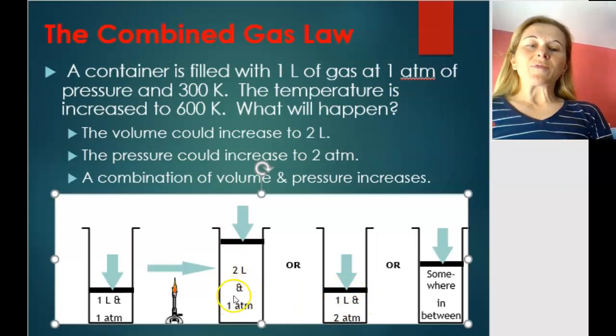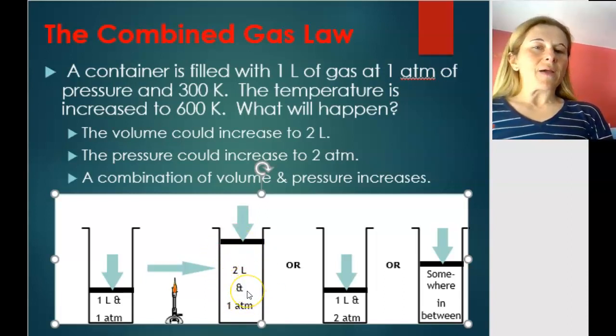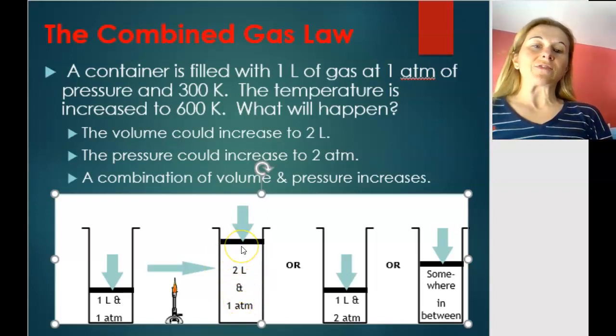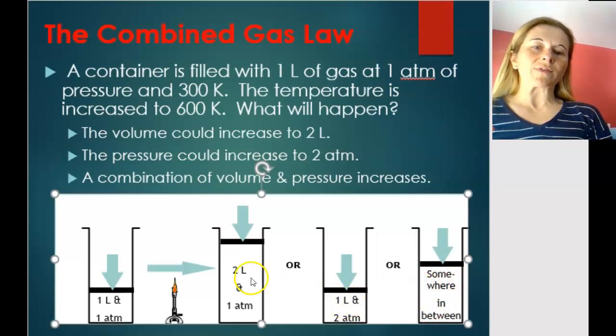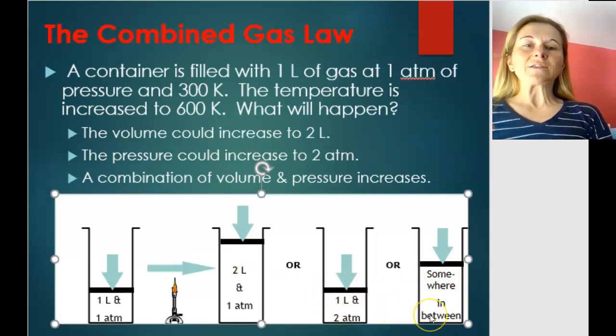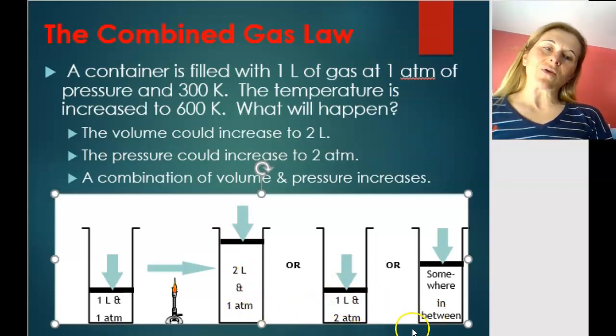Or we can keep the pressure the same and make the space bigger so that those molecules have more room for that energy to bounce around in there. And so the pressure isn't going to increase, but we see the volume increases. We can also have a combination of somewhere in the middle. We can have the volume increase somewhere between 1 liter and 2 liter, and the pressure would increase somewhere between 1 atmosphere and 2 atmospheres.